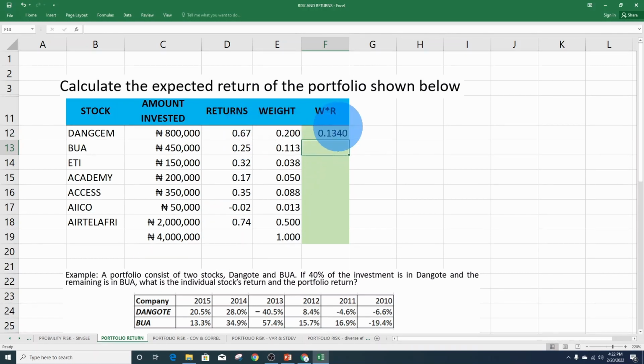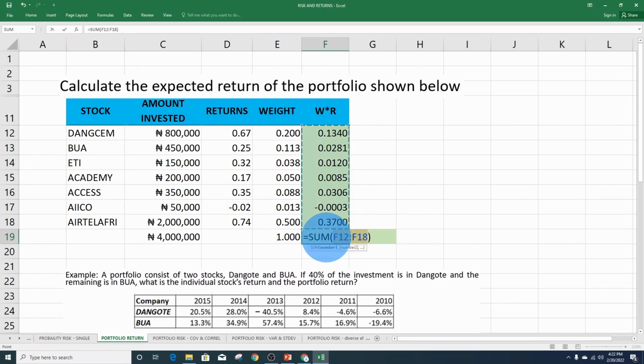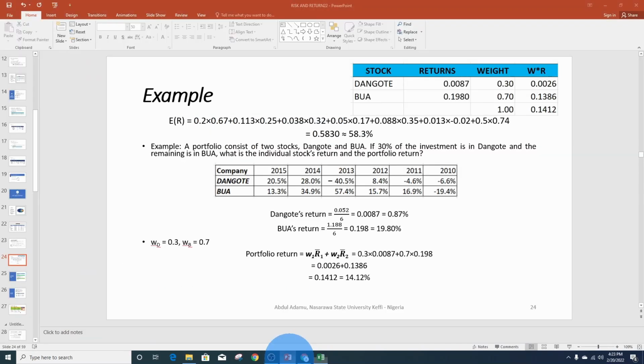Enter, that is the value. Then we copy it down, relative referencing. Those are the multiplications. Then we add them together to get the expected return. We use Alt equal, enter, that is 0.5830. So this confirms the value that we have here.